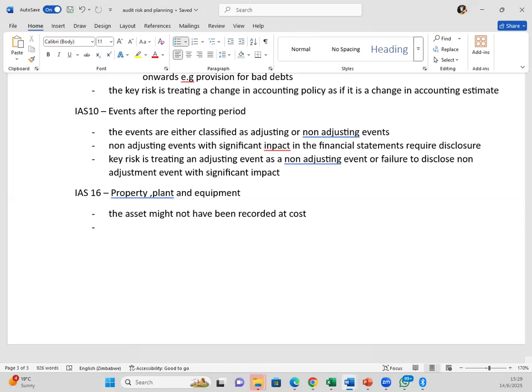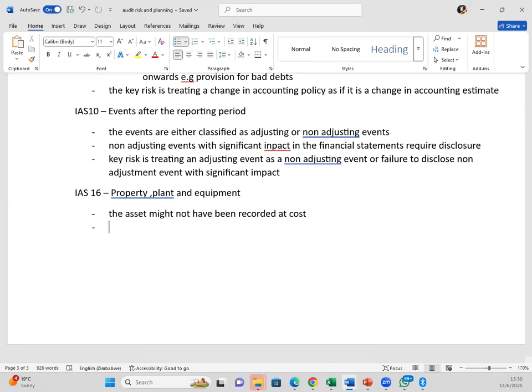The other issue is that if we are using the revaluation model, there is need to ensure that the person who is doing the revaluation is someone who is qualified in the area.